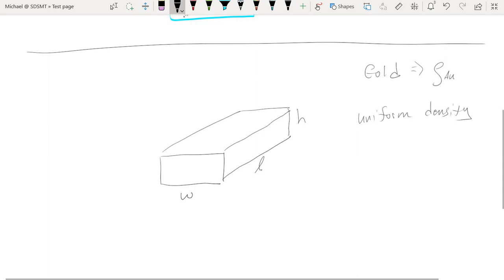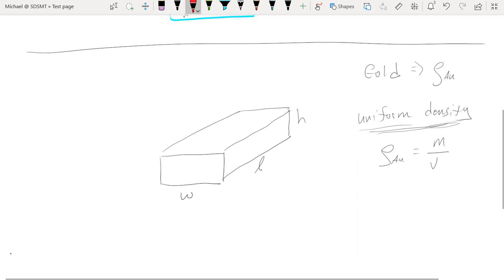Now, if it's a real high quality brick of gold, then the density of that gold brick should be fairly uniform. In fact, that's what we're going to work with here. So that uniform density means that we have the same amount of mass per unit volume everywhere inside that brick, and I want to know where is the center of mass for that brick.